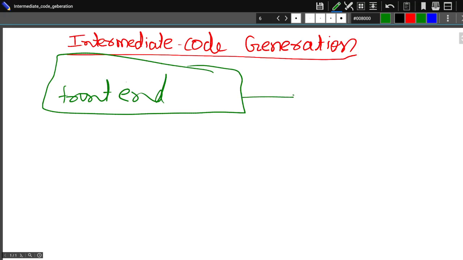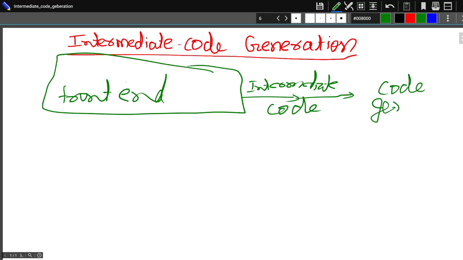Then you will get something we call intermediate code, which can be used by the code generator to generate the final code, right?